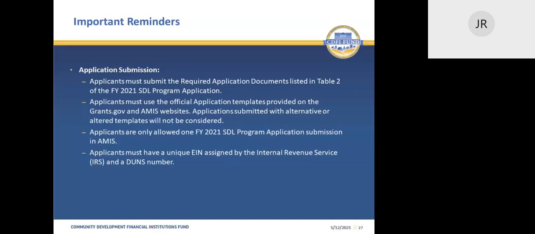Applications submitted with alternative or altered templates will not be considered. Applicants are only allowed one small dollar loan program application submission in AMIS. And again, applicants must have a unique EIN assigned by the Internal Revenue Service and a DUNS number, what Joan spoke about a few minutes ago.